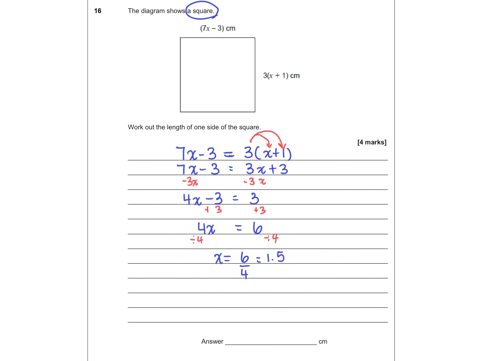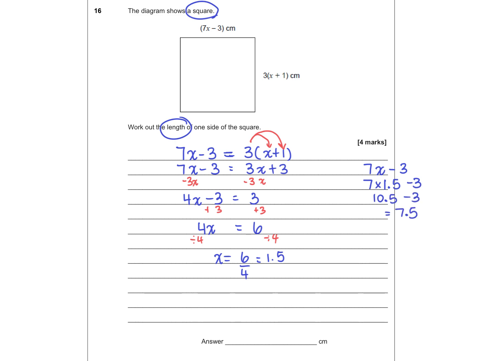Now, we're actually not finished yet. They wanted us to work out the length of one of the sides. So you can substitute it into either expression. You do have a calculator, so it shouldn't make much difference. I'm going to go with 7x minus 3. So it's going to be 7 times 1.5 minus 3, which is 10.5 minus 3, which is 7.5.